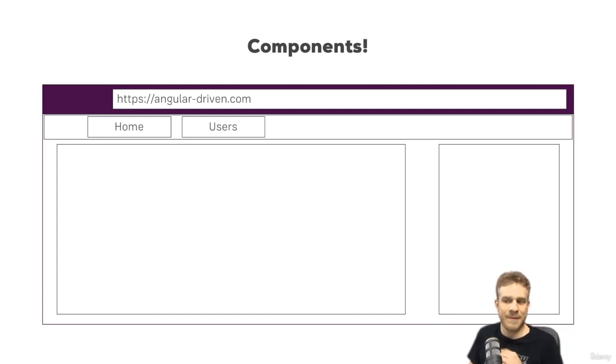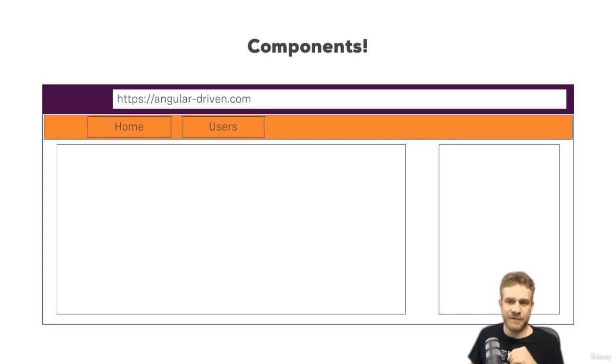Typically we might have a web page like this, with a header, with home and users, then a main area and a sidebar maybe. Now, if we have a look, this would be a fitting component, the header. And maybe also the items on the header could be their own component. Could be, you don't have to. You will learn throughout the course how I approach the splitting up of an application into separate components.